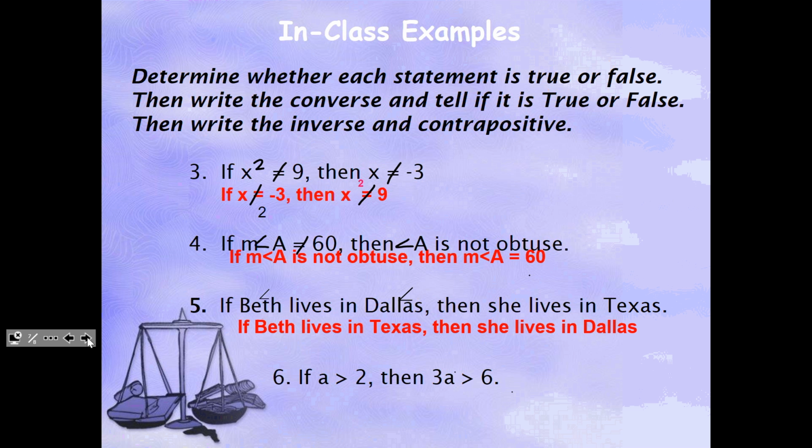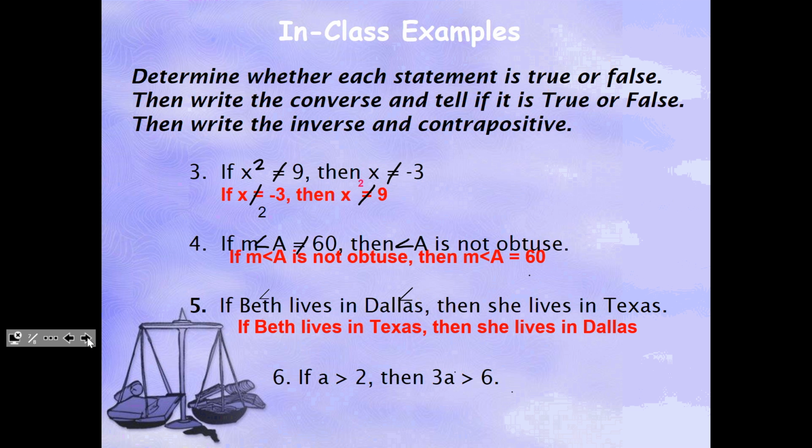All right, number 6 says, if A is greater than 2, then 3A is greater than 6. What do we think, true or false? True, right? If this is anything bigger than 2, if I go plug it in over there, that's going to end up being greater than 6 because I'm multiplying it by 3. Good.